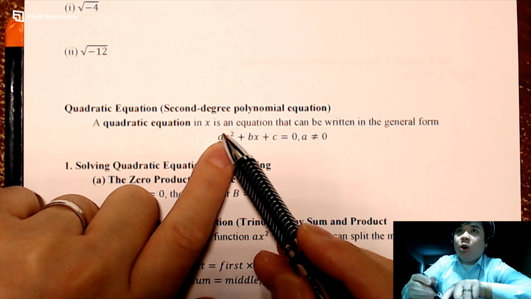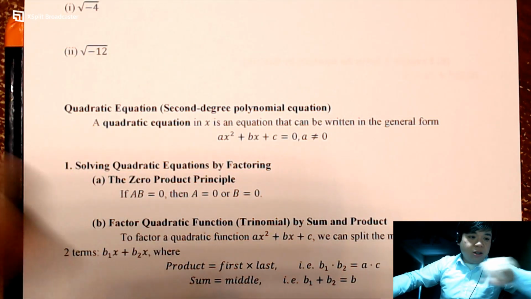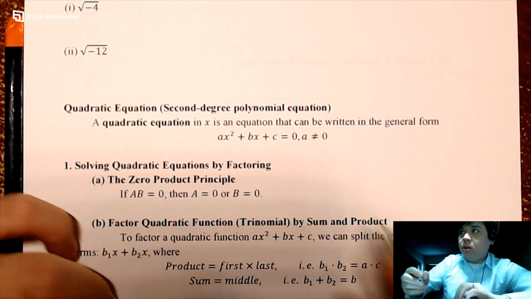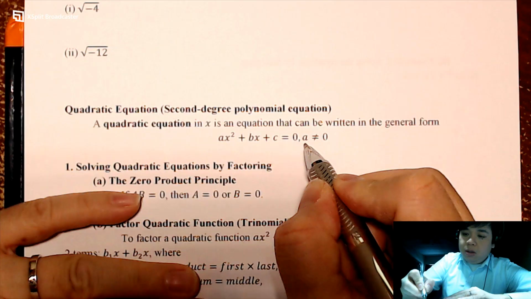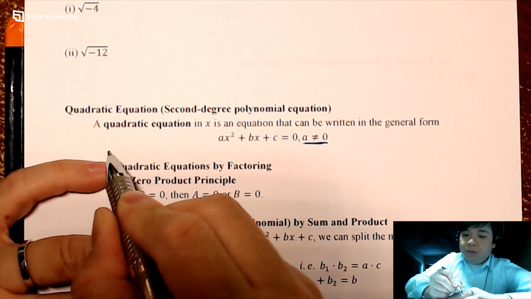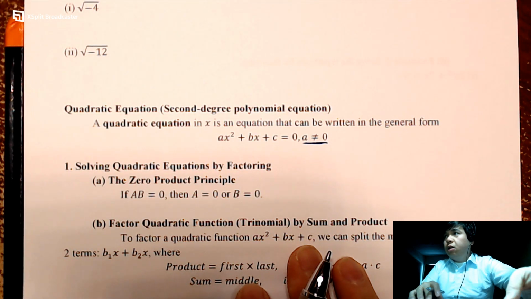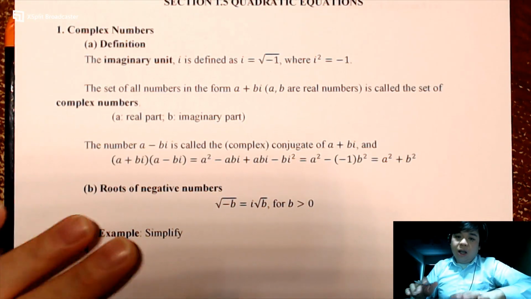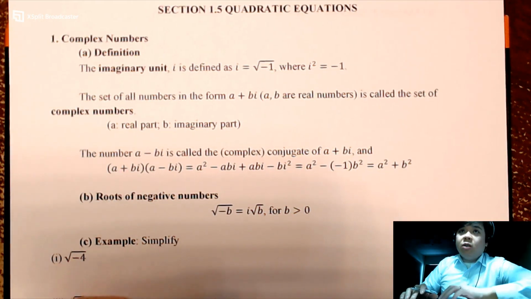So that's why we need the coefficient a not equal to 0. But before that, let's look at the complex number.